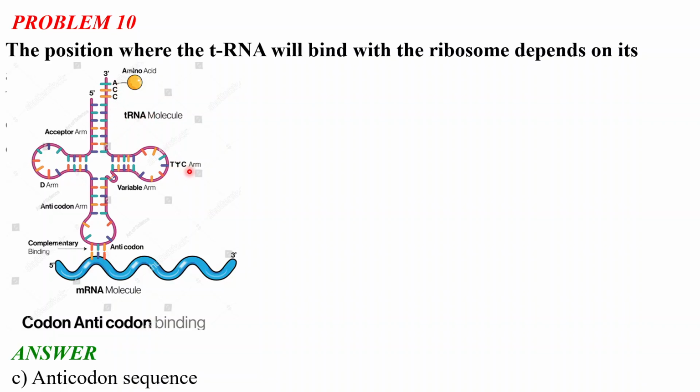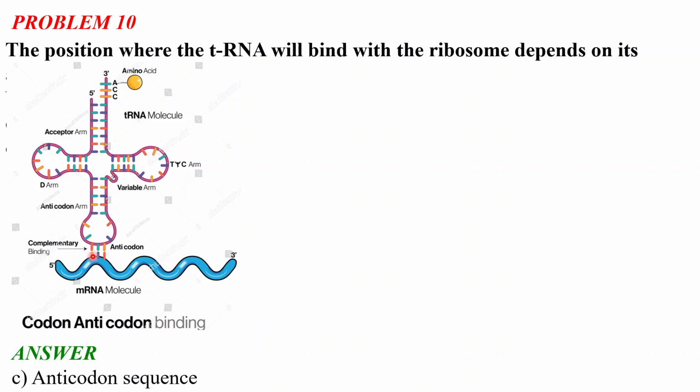Then we have a T-arm, a variable arm, and an anticodon arm here, and here is the acceptor arm, which is also known as the D arm. So this is the complementary binding. Now this is the codon; for example, in case of our start codon AUG, the anticodon sequence must be here.